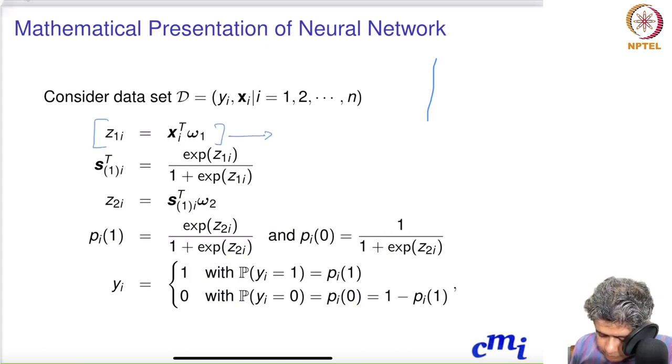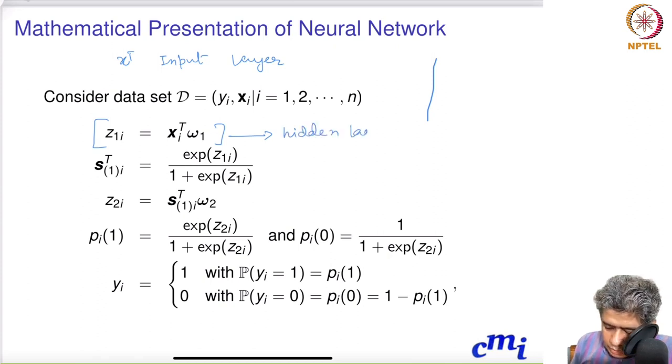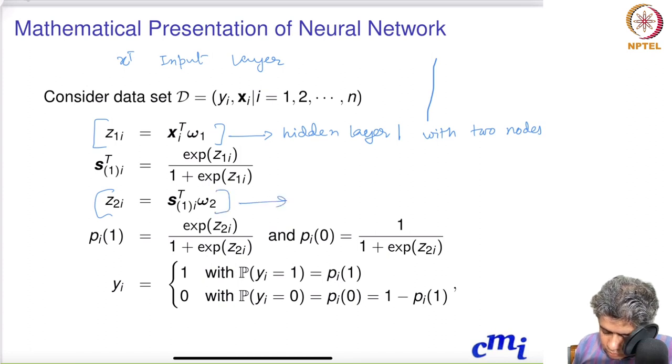Okay, so X transpose is my input layer. You can think of it as the input layer. This is my hidden layer 1 with 2 nodes, and this is hidden layer 2 with a single node.